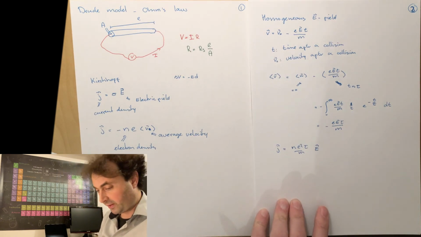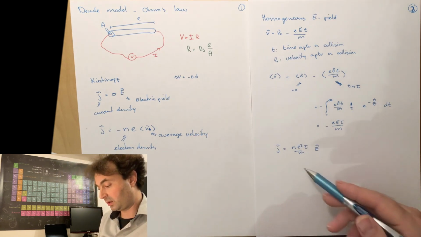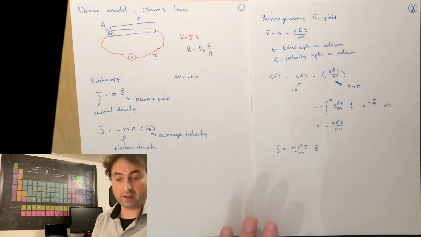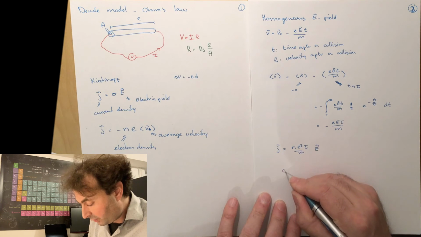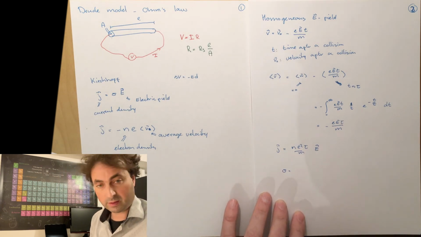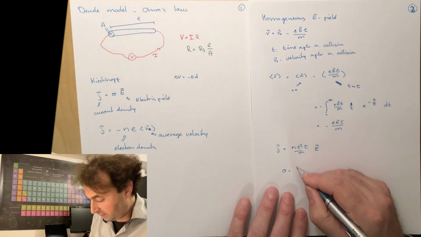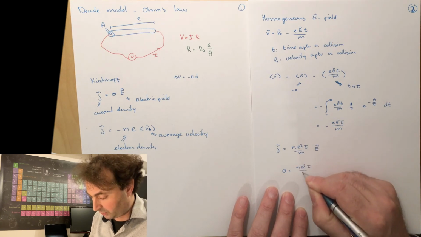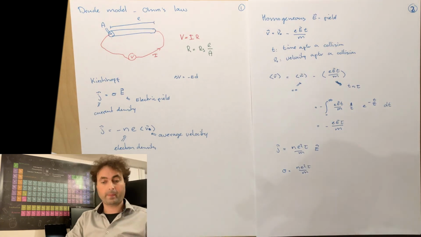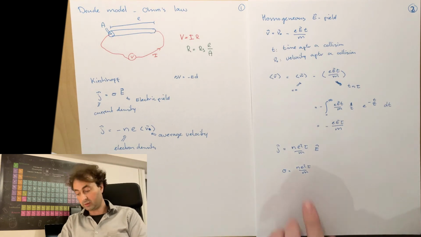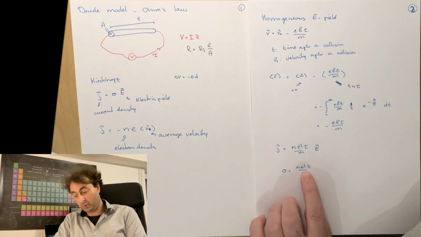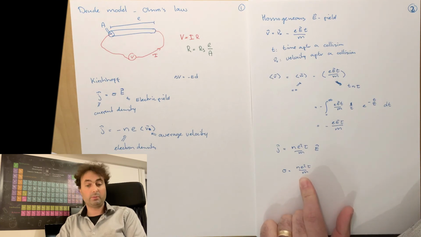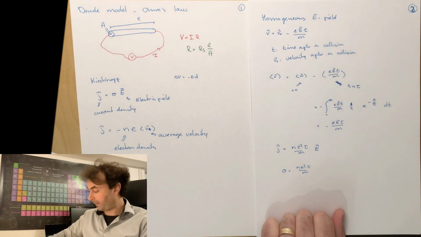And indeed we find that the current density is linearly proportional to the electrical field in our system, such that we have Ohm's law. And we also find that we can define a conductivity as n e squared tau over m. So it depends on the electron density that we have in our system, the electrical charge, a scattering time divided by the mass of the electrons.